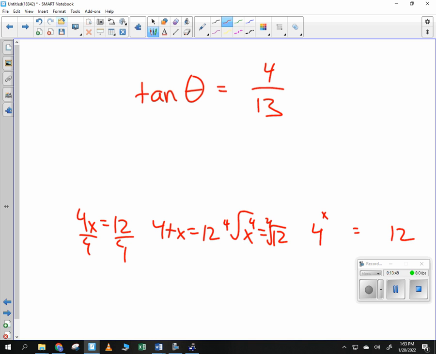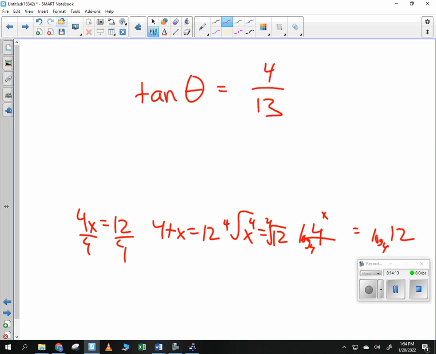What would you do to both sides? Log base 4. Remember that? So there are these inverse operations that just make things go away, and it kind of looks like magic, but it's what it is.